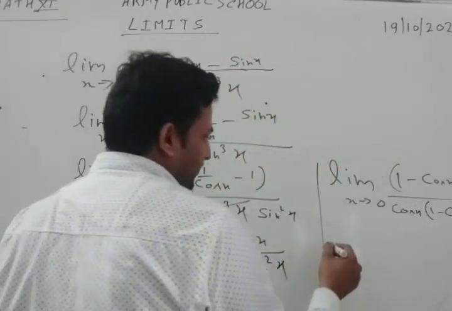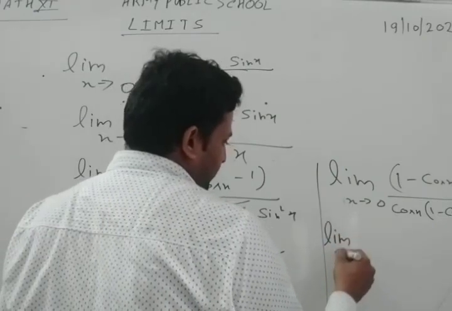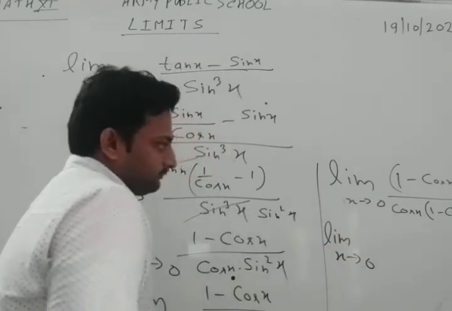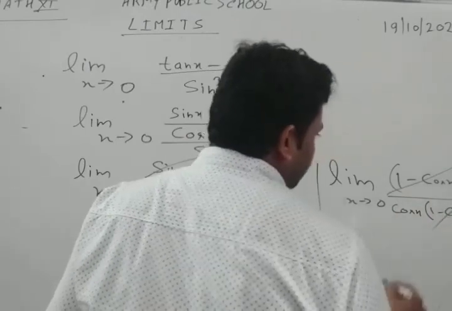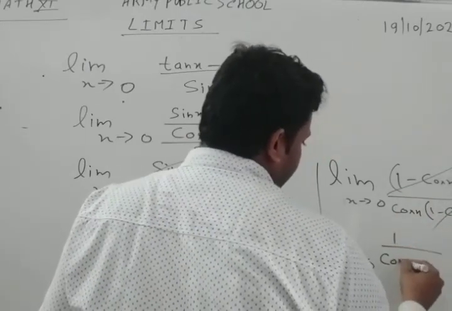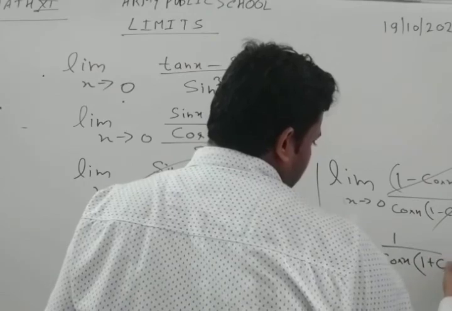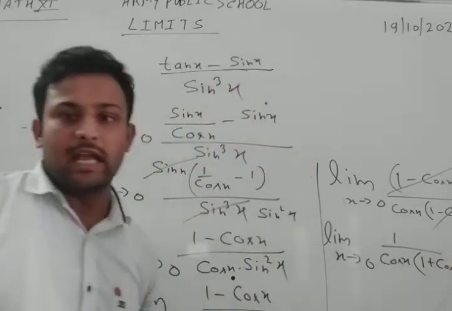Okay, so here this is cancelled. Now we get 1 by cos x (1 plus cos x).